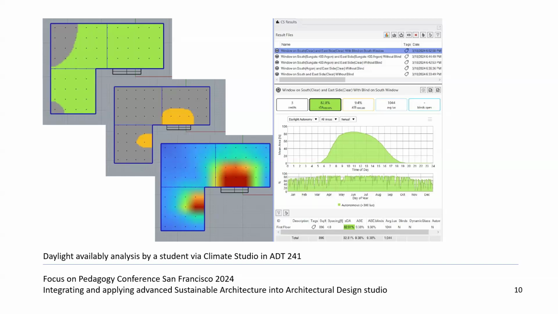We had a challenge with proficiency in some software. As I said, Climate Studio is an add-on in Rhino, and the students need skills in Rhino to conduct those analyses through Climate Studio. So I assigned 2 classes to introduce and teach Rhino to my students. Some students in previous courses had a chance to be introduced to Rhino by other instructors, but some of them didn't have any chance to work with Rhino before.